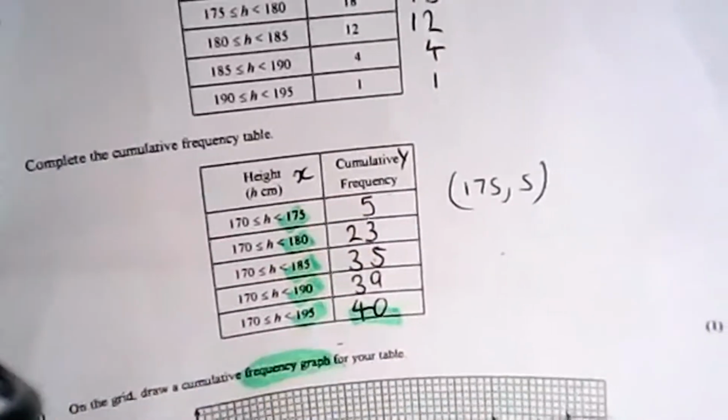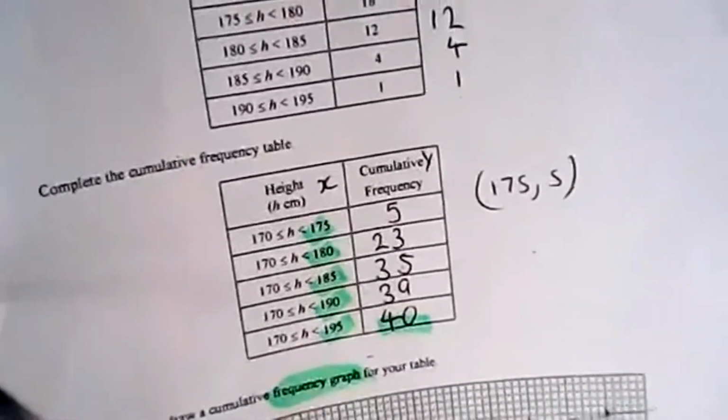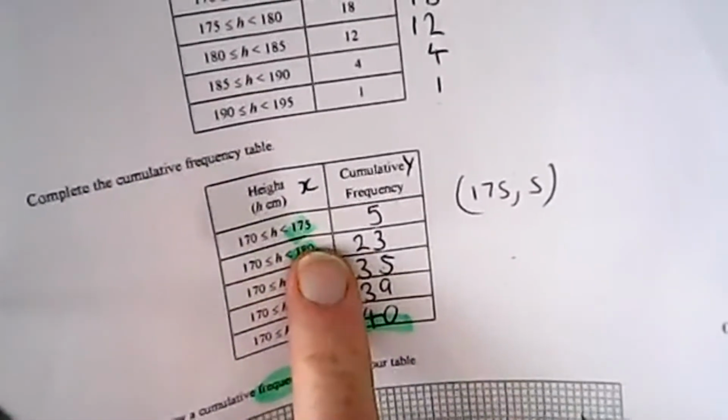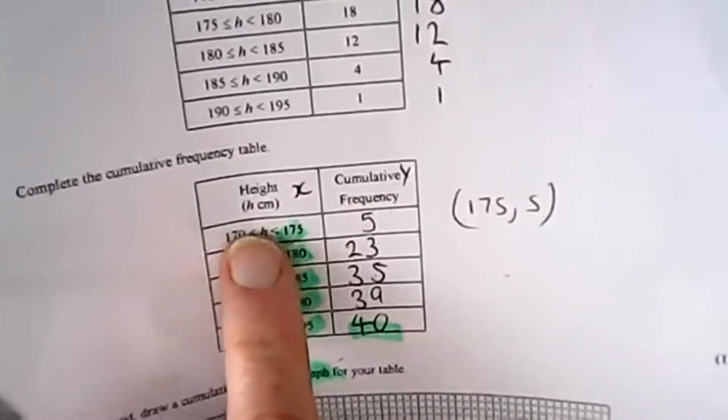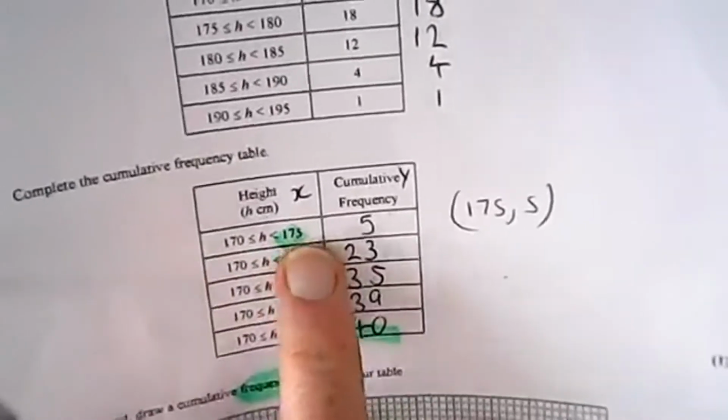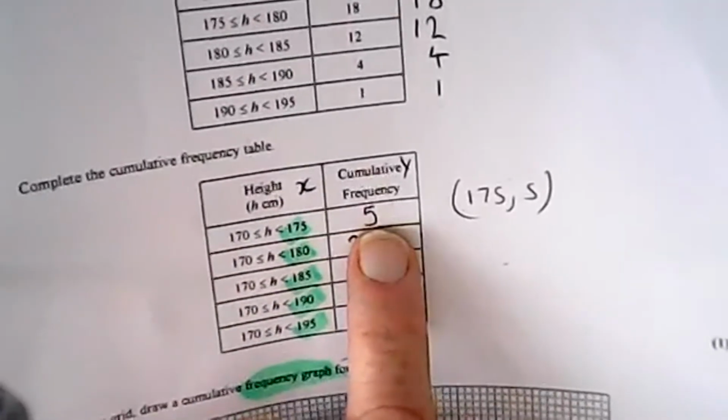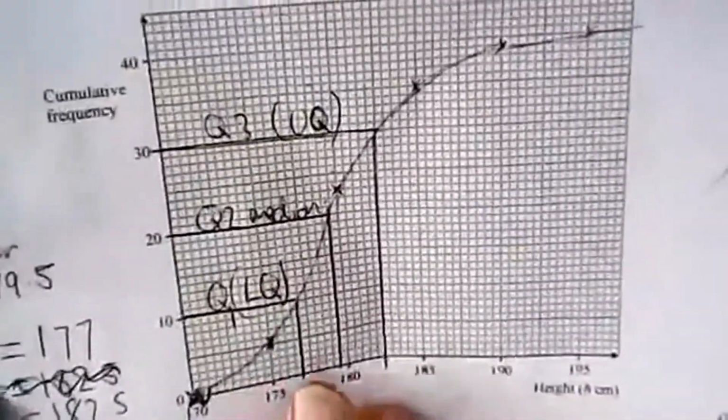Okay. Second thing to remember is when we're plotting a graph, use the upper bound, the biggest number in the interval, which is there. So that means any number from 170 to 175, use the upper one with the cumulative frequency, plot them points. Plot the points first, okay.